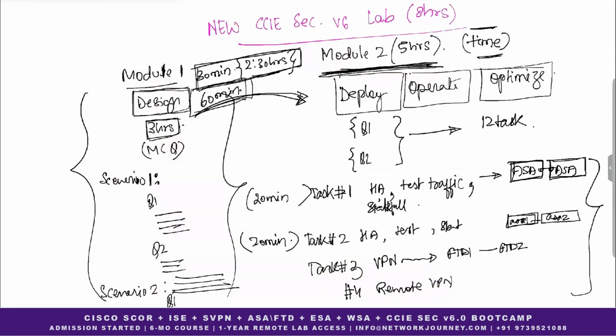Those days are gone when this used to be done on actual hardware, or you had to do cabling, or a lot of manual work. Now it's pure virtual. The cables are already connected. The minute you double click on any console, you get the console as you do on a lab like GNS3 or EVE-NG or whatever. You get the console, you can put down the config, do any commands.